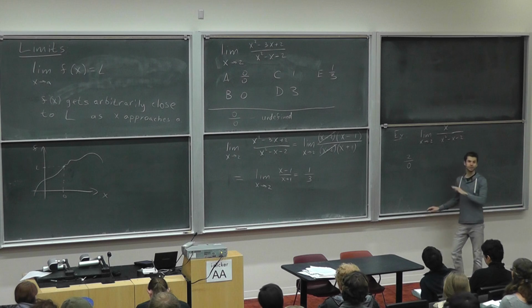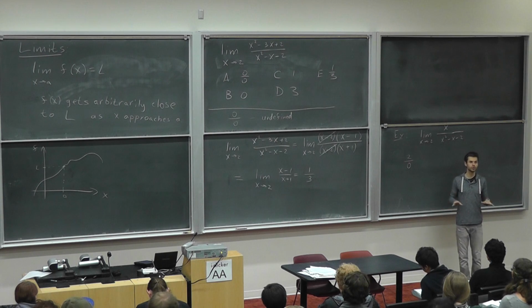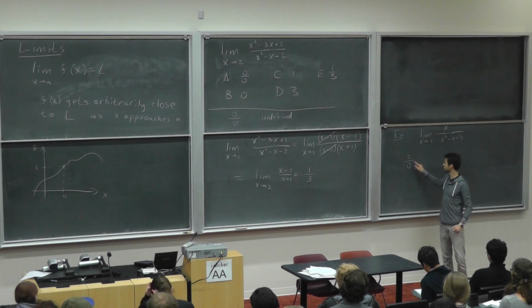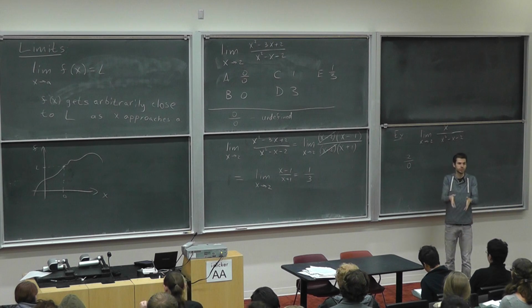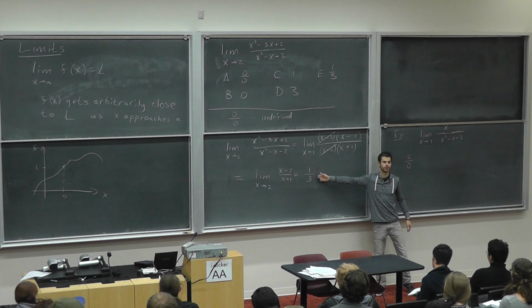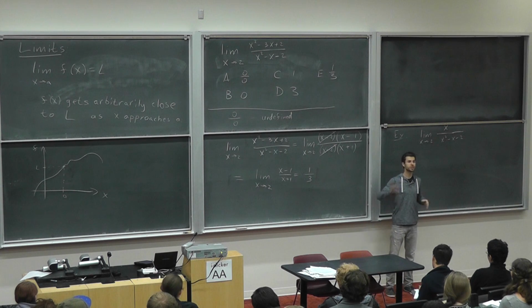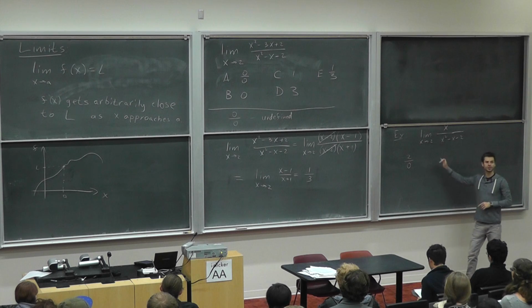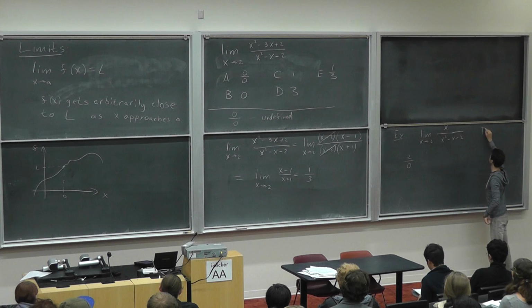So there is just no way that this expression is going to be a finite number. You can't divide a number close to 2 by a small number and get something close to some finite number. This thing becomes arbitrarily large. So without even continuing, without factoring, without doing anything, I know that this limit does not exist.